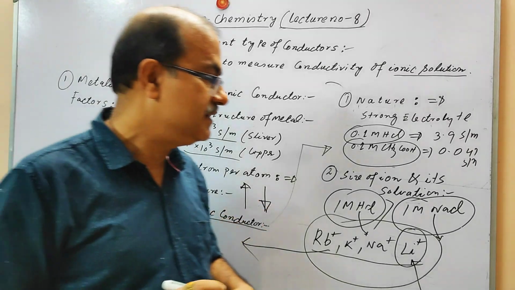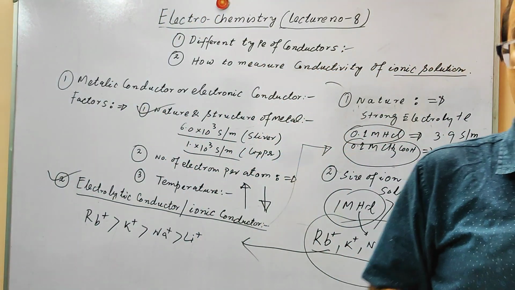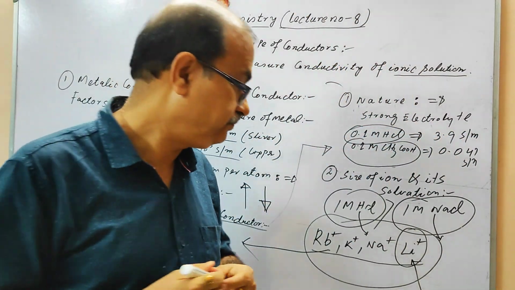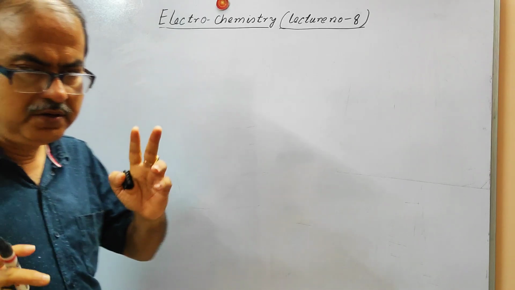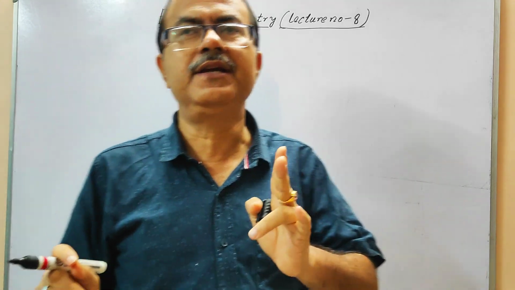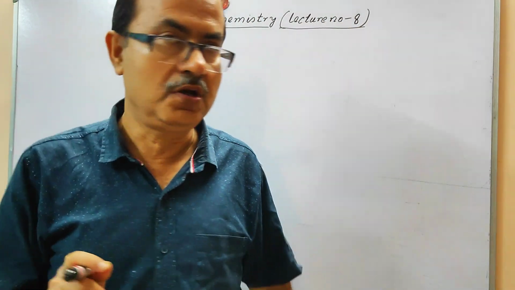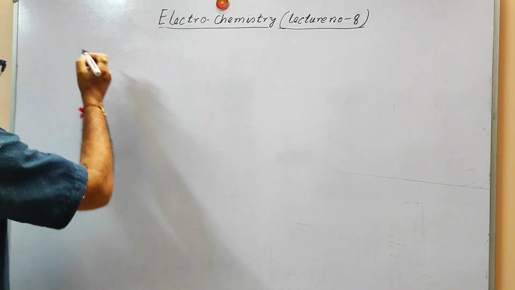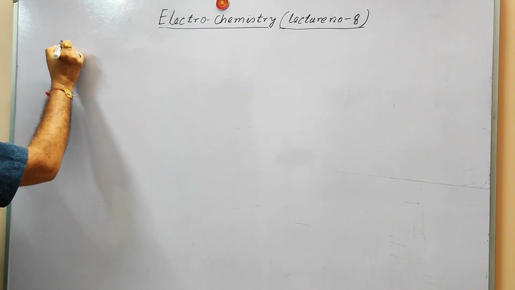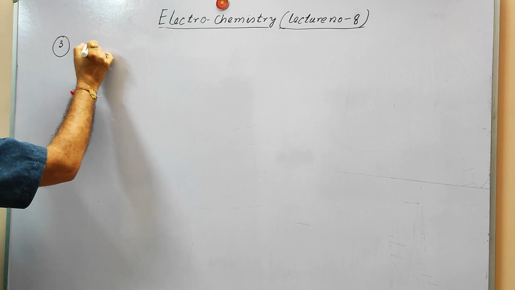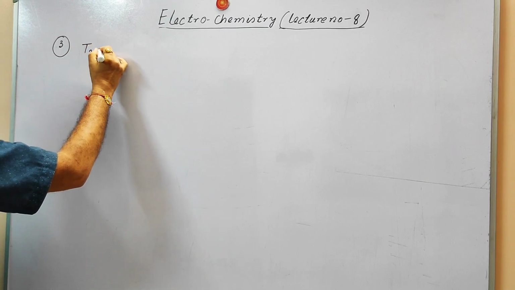So we understand how the size of the ion and solvation impact the conductivity. So we understand two factors. Number one, the nature. Number two, the size and solvation. And number three, again a very important factor, is the type of solvent.